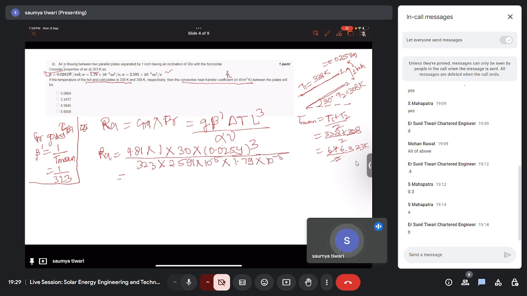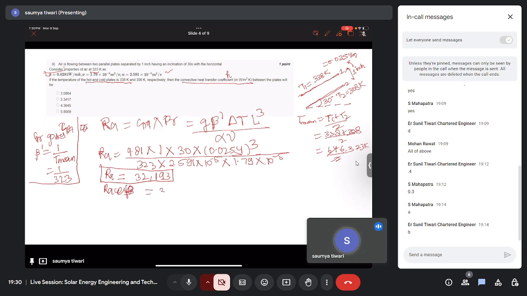If we solve this, the Rayleigh number will come to be 32,193. We don't need just the Rayleigh number, what we need is Ra cos theta, or Ra cos beta, where beta is the tilted angle.